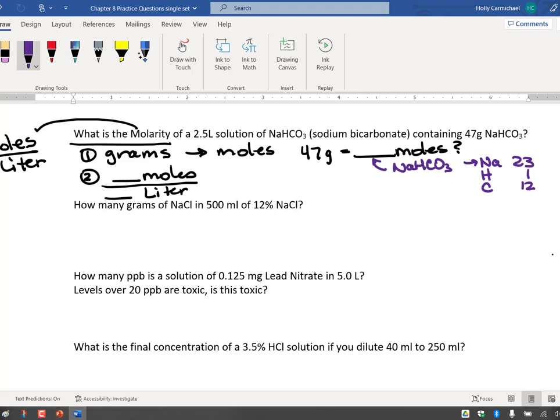And then I have 3 oxygens. Each oxygen weighs 16, so you multiply that times 3. 16 times 3 is 48. Add those up. It's the mass of each of the atoms in the formula. So 23, 24, 36, 84. So I got 84.